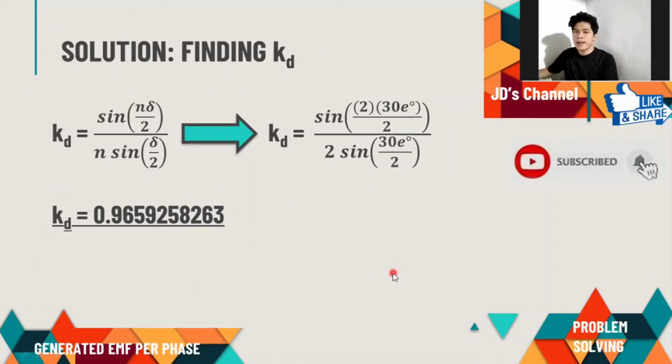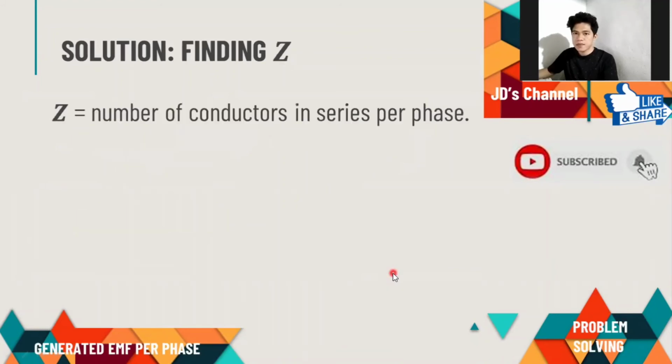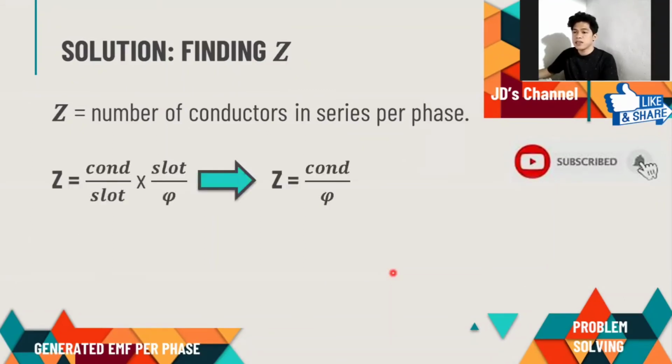So the next one, class, is finding Z. Z is the number of conductors in series per phase. So Z is conductors per slot times slots per phase.